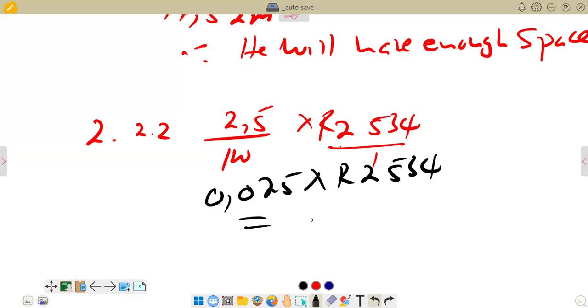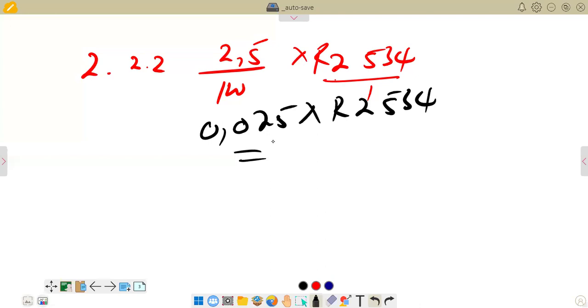And the answer that we are going to get, let's see by calculating it as such. If you calculate it as such, you're going to get 63 rands 35 cents. Having got that, we can now add it to 2,534.